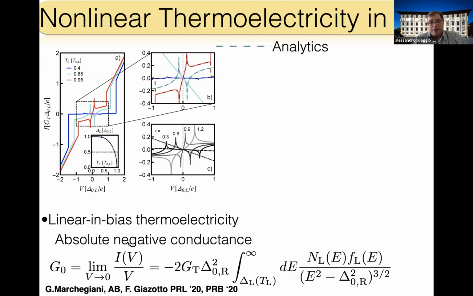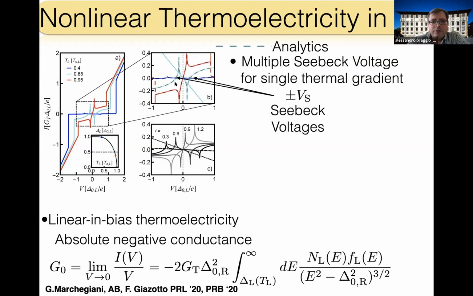But I discovered another thing that shocked me when I discovered it: you have two different Seebeck voltages. And this is the clearest sign that this starts from a system that was a priori particle symmetric. Because when you have a system that is particle symmetric, there is no P or N character.